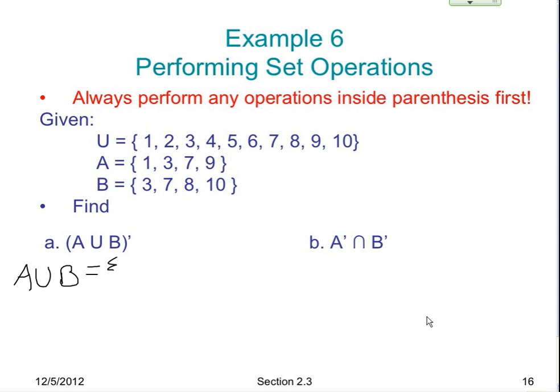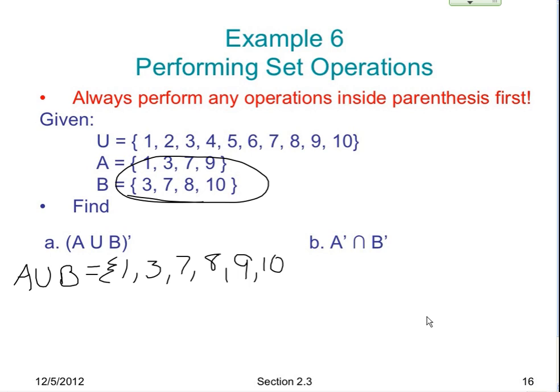So I've got 1, 3, 7, 8, 9, and 10. That would be the union. Okay, so that is this part of it right here.